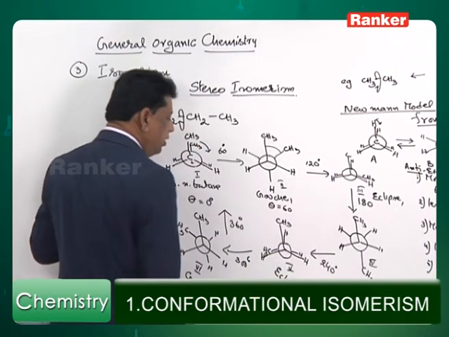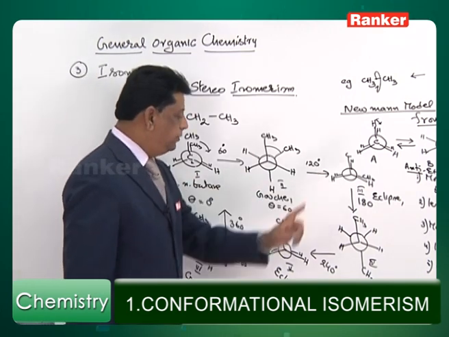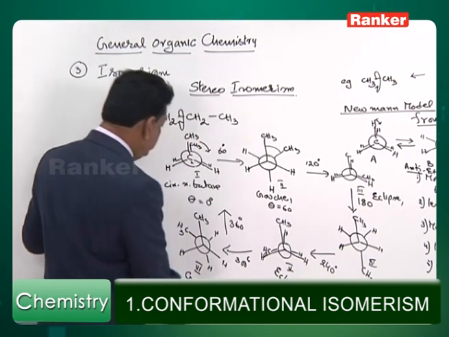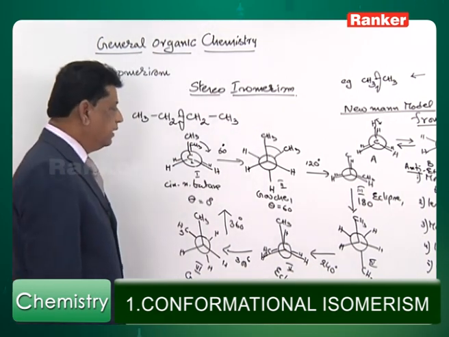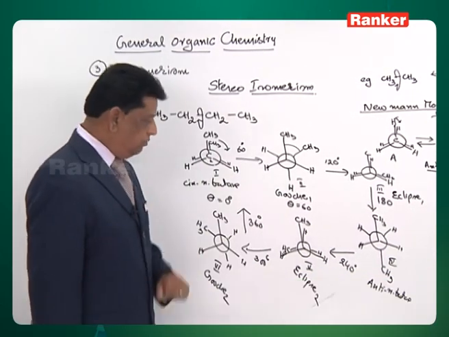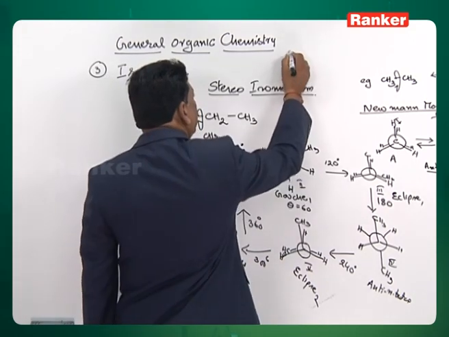Now read the order. Syn-butane, Gauche 1, eclipse 1, anti, eclipse 2, Gauche 2, coming back to the syn conformer. And out of that, which will be the most stable? The anti conformer. So this is the order of stability.